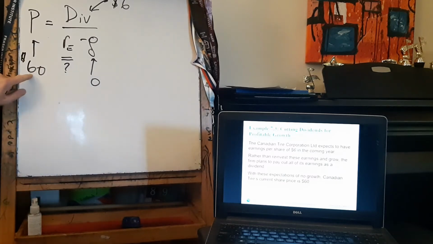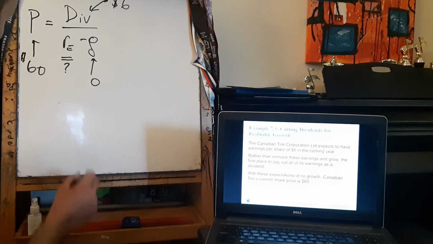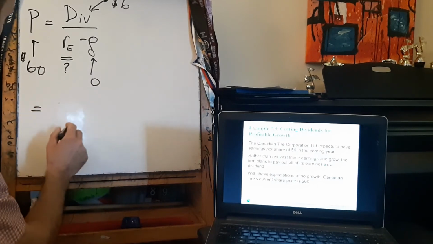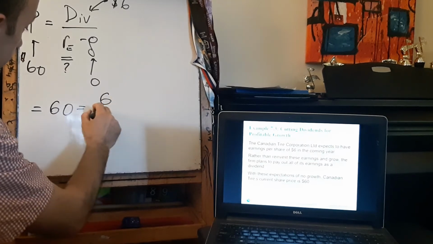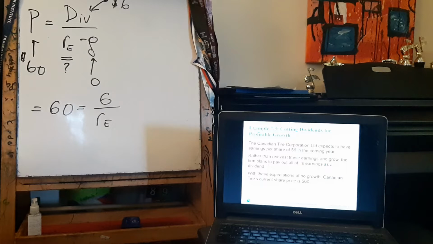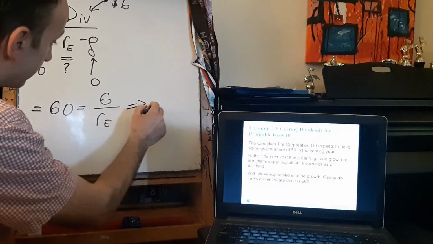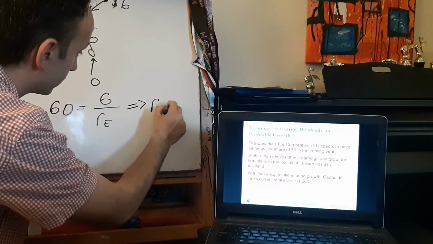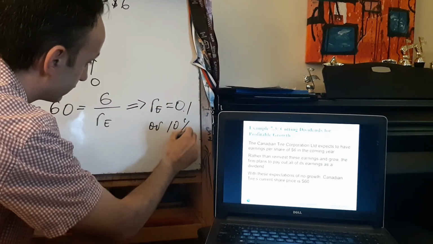So share price $60 per share, dividend $6, growth rate 0, RE we don't know. So we can actually figure out RE from here because 60 equals $6 divided by RE only, because growth is assumed to be 0. So from this, it must be that RE equals 0.1 or 10%.